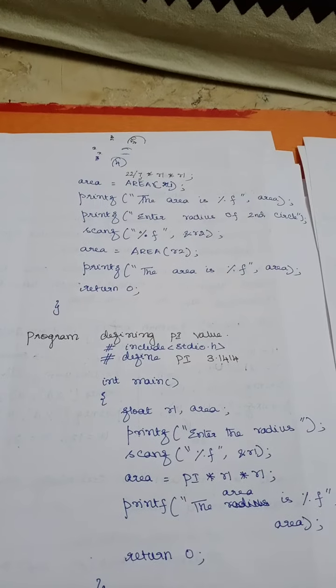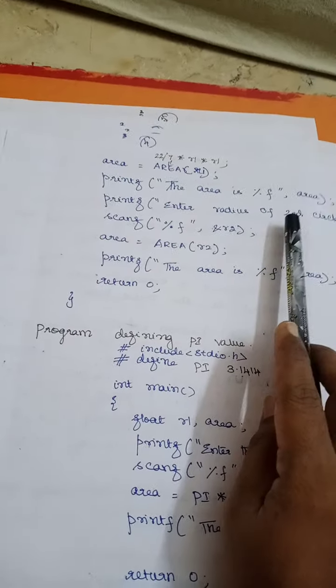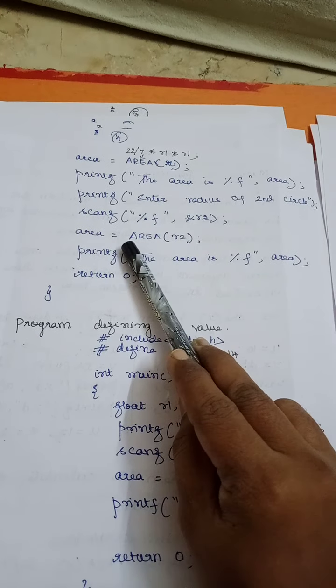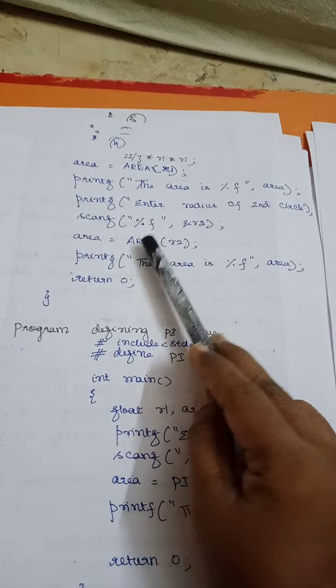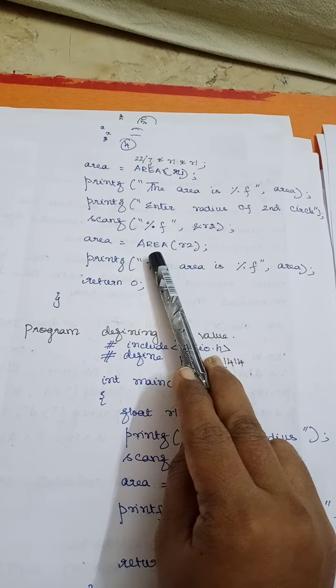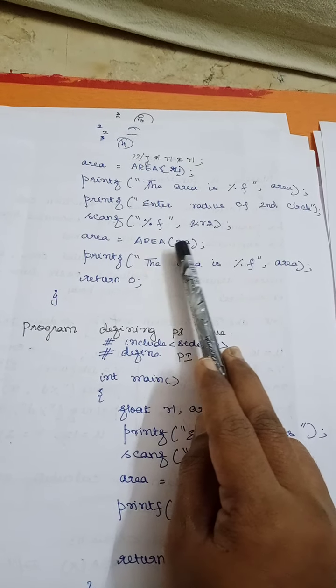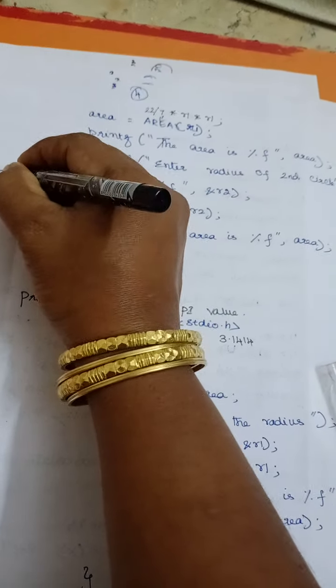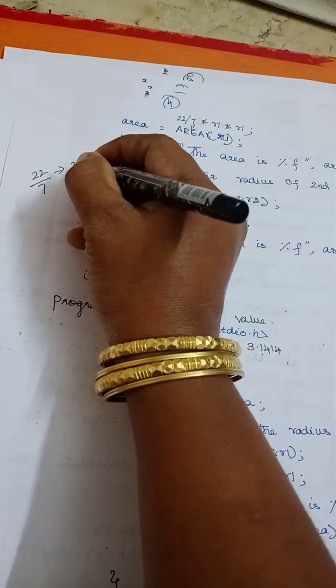Right? So similarly, print the area. Similarly, read the other radius, and wherever you have area, again you have 22/7 into r2 into r2. Or else, in the place of 22/7 you can also substitute 3.14. Is that clear? Right.